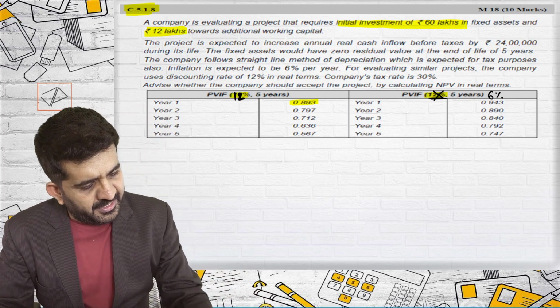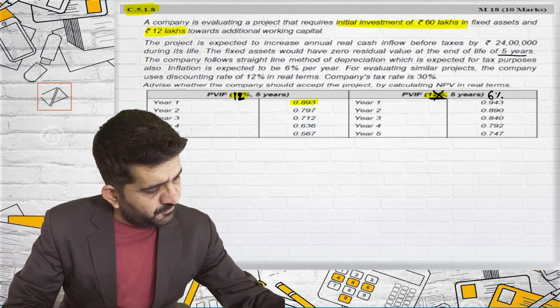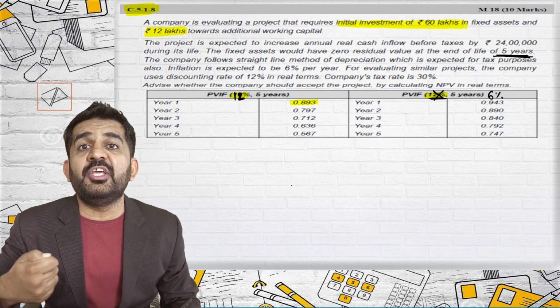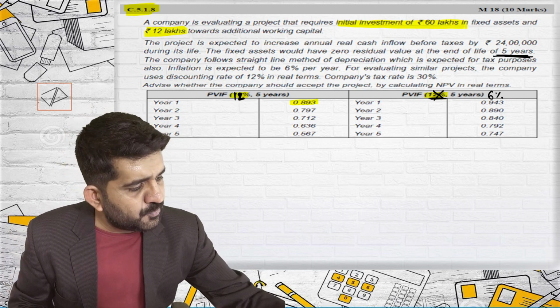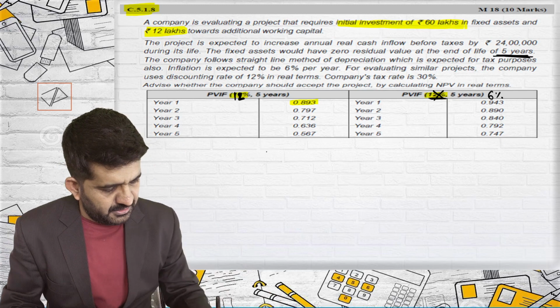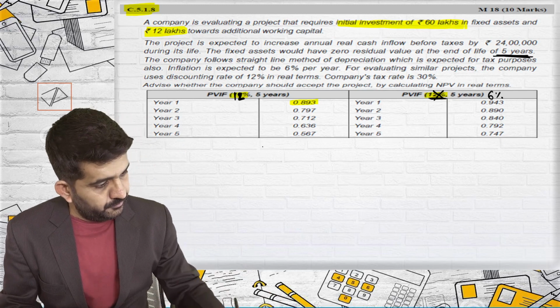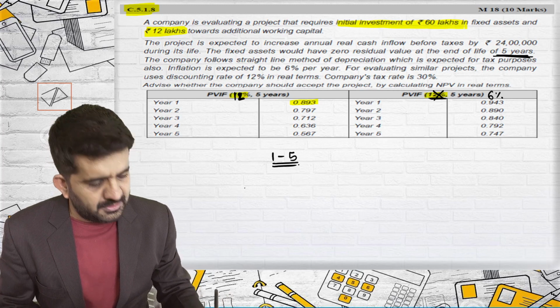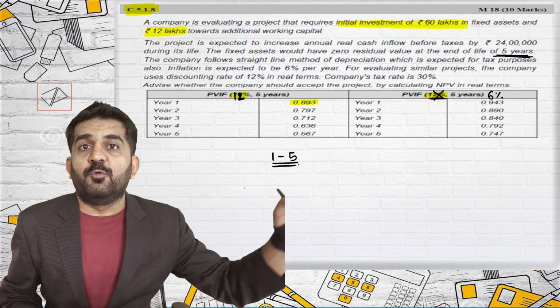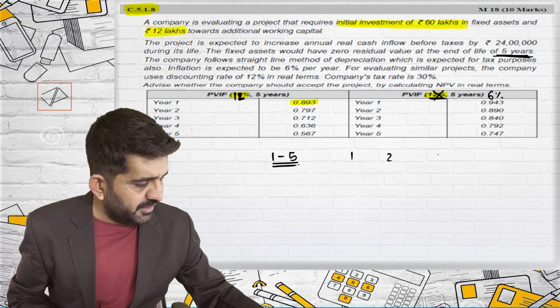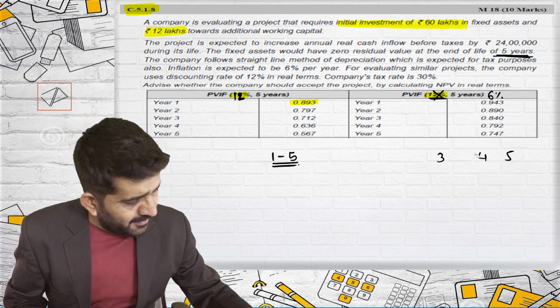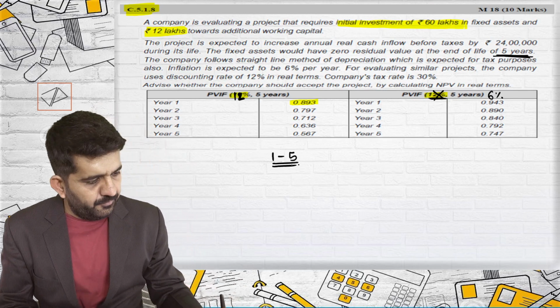Please try to understand the project life is 5 years and every year it will increase the cash flow by 24 lakhs. So it is 1 to 5 years. So I am not writing 1, 2, 3, 4, 5. I will tell you why. I am not doing this. What I am writing is 1 to 5.